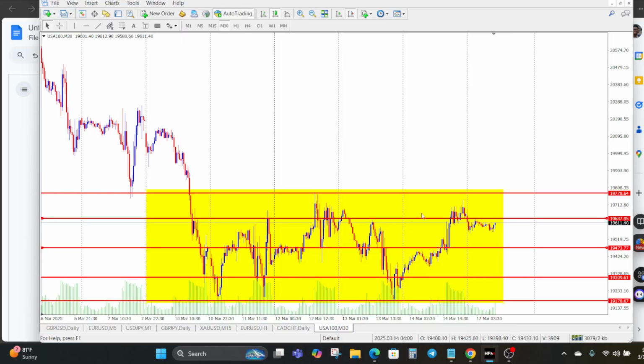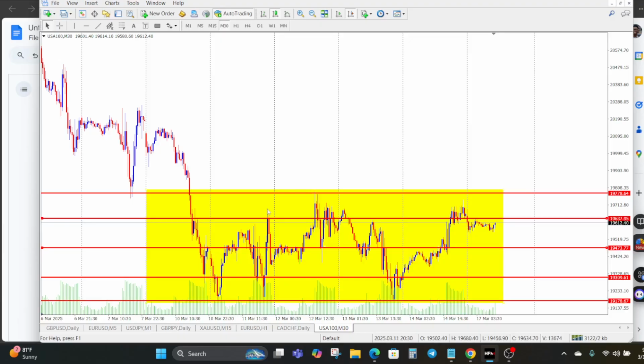You can see how price reacts when it touches these levels that I mapped out on the chart. You can see a rejection here, a rejection here, and another rejection here. You can see this point, right?